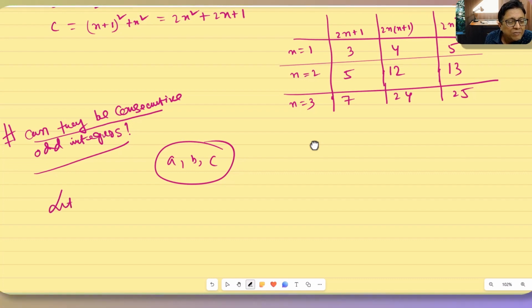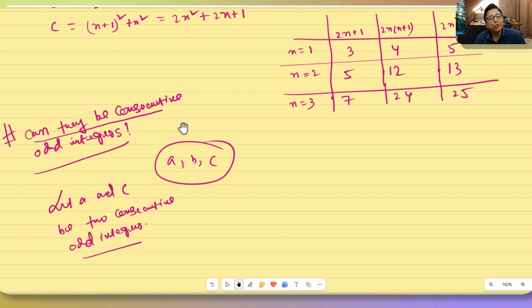Let a and c be two consecutive odd integers. a and c we have taken as two consecutive odd integers. It is well established that c is always an odd integer.